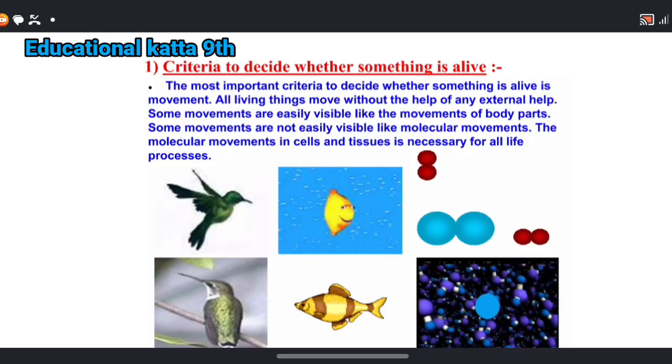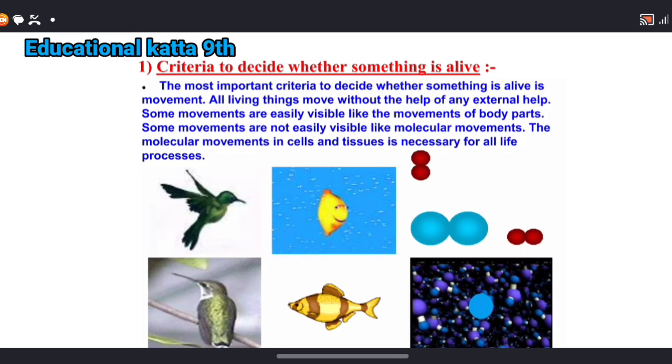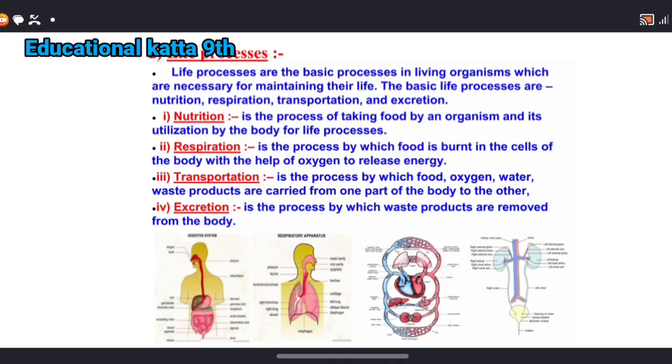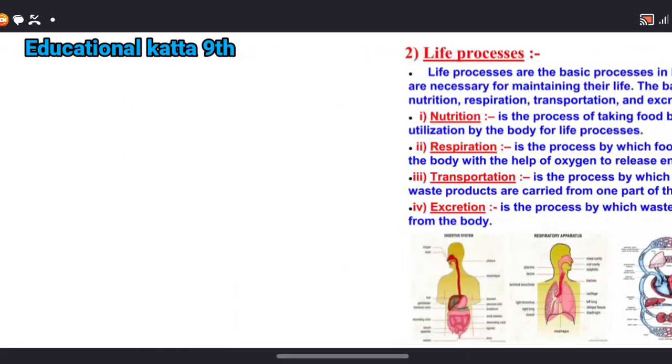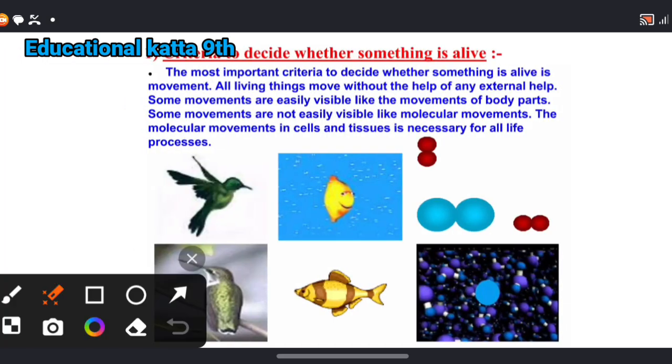Now the first thing is how to decide whether something is alive or not, and this is important.